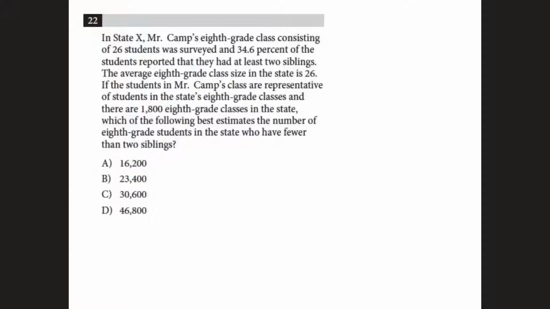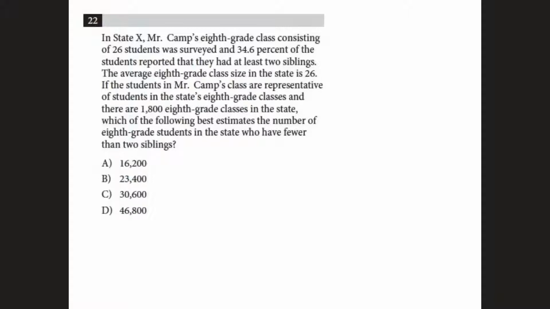If the students in Mr. Camp's class are representative of students in the state's 8th grade classes, and there are 1,800 8th grade classes in the state, which of the following best estimates the number of 8th grade students in the state who have fewer than 2 siblings?